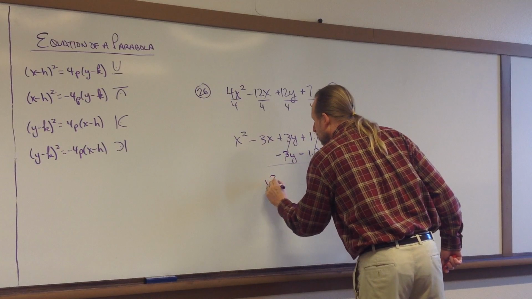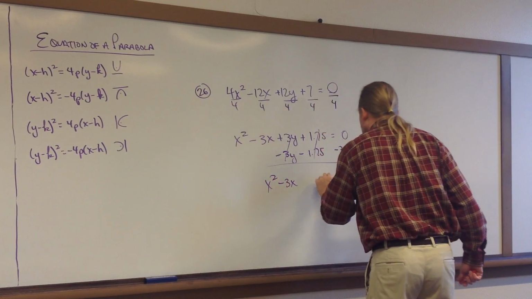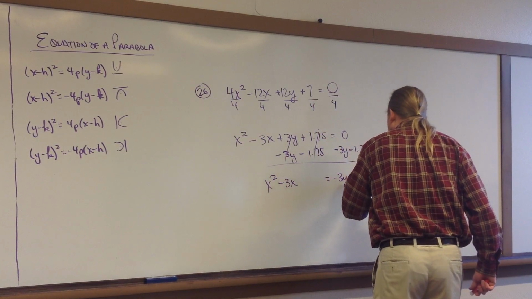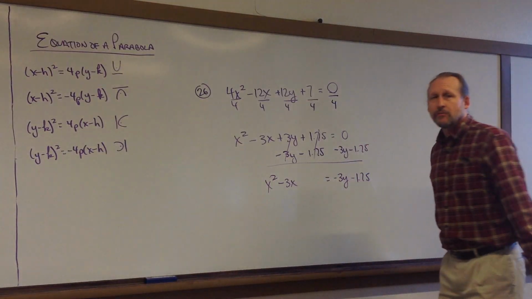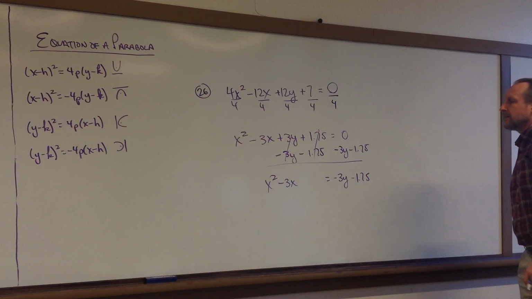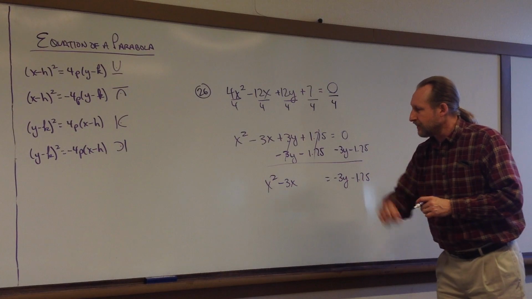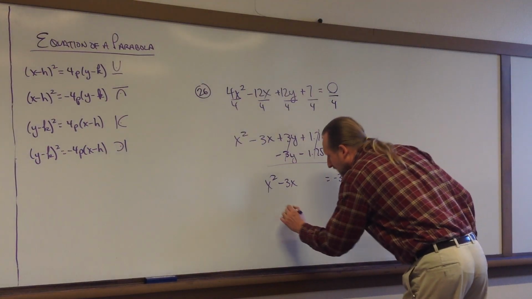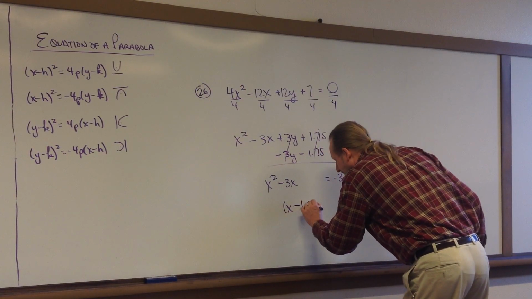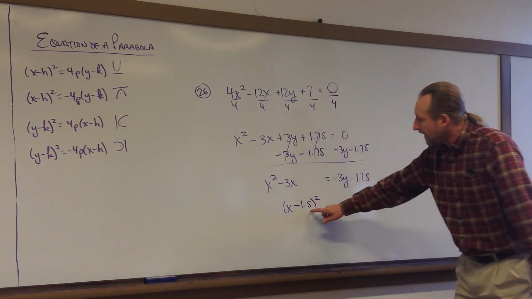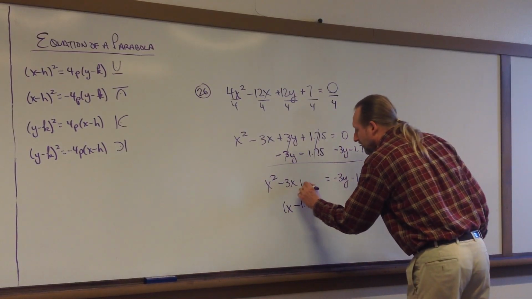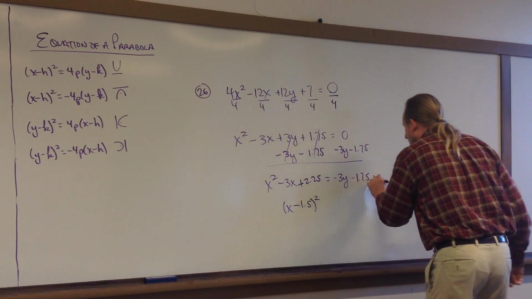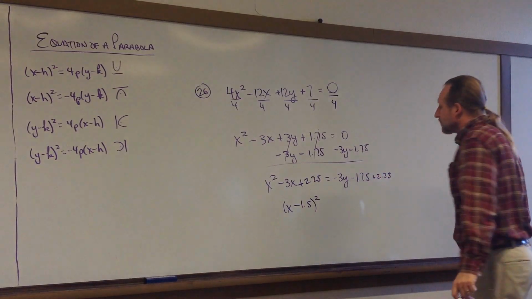So, x squared minus 3x equals negative 3y minus 1.75. All right, so now we need to complete the square here. Cut that value in half, 1.5, and then square this and add it to both sides, and that will allow us to complete the square.